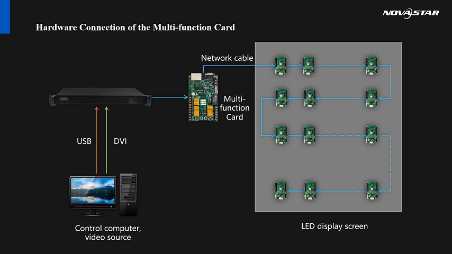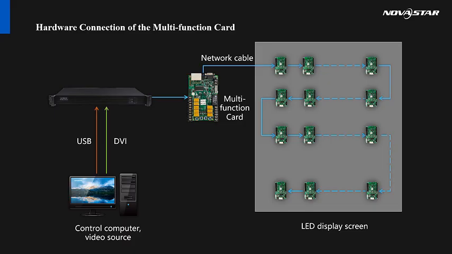Please note that. Now this is a control system with a multifunction card, showing how it is connected to the control system. It can be connected in series with a receiving card or directly connected by a port to the sending card.